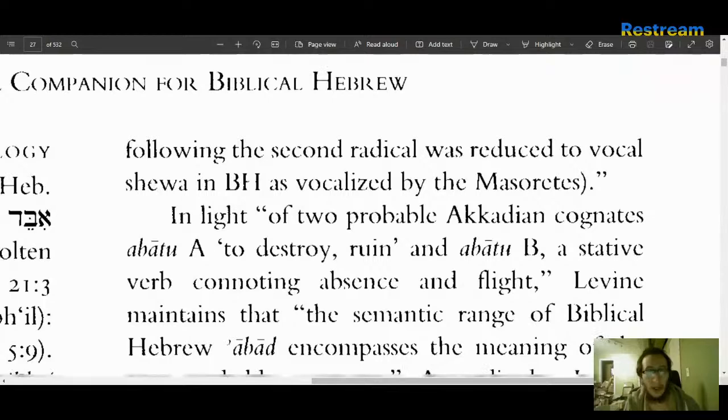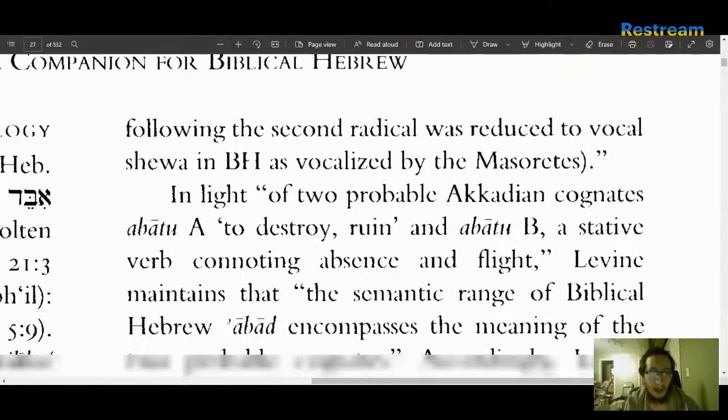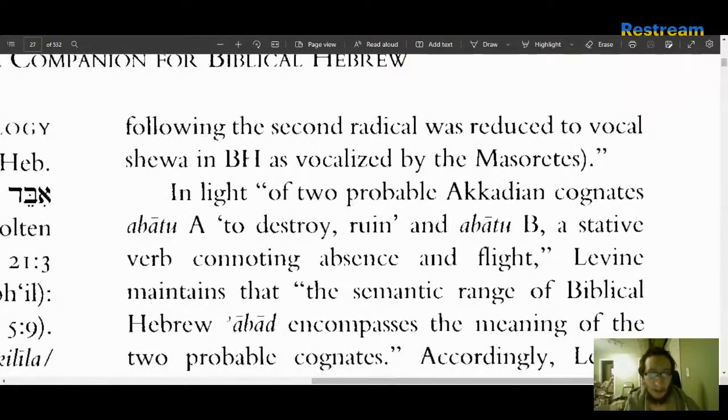They're saying this scholar believes that there might be two Akkadian words. Abatu is just to destroy or ruin, and another one which means absence or flight, which is the meaning of lost. Something is lost, absence or flight.